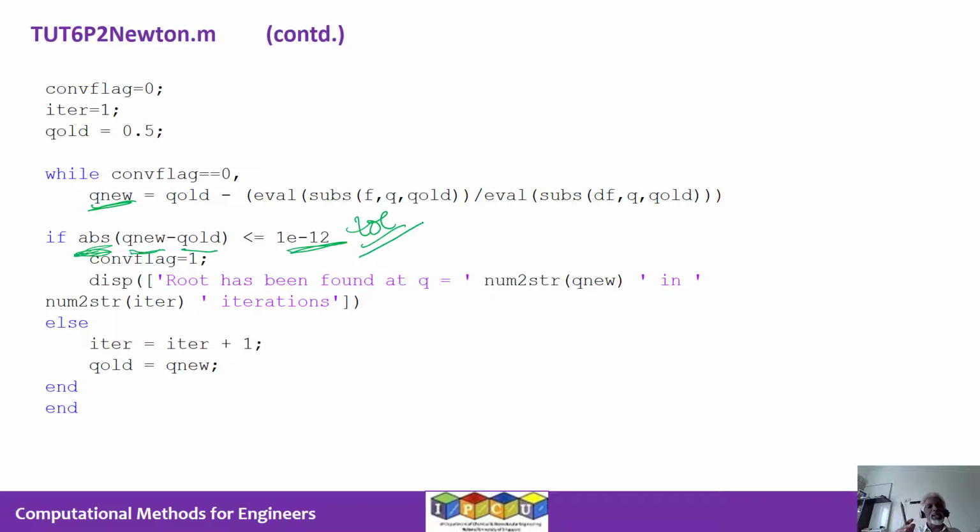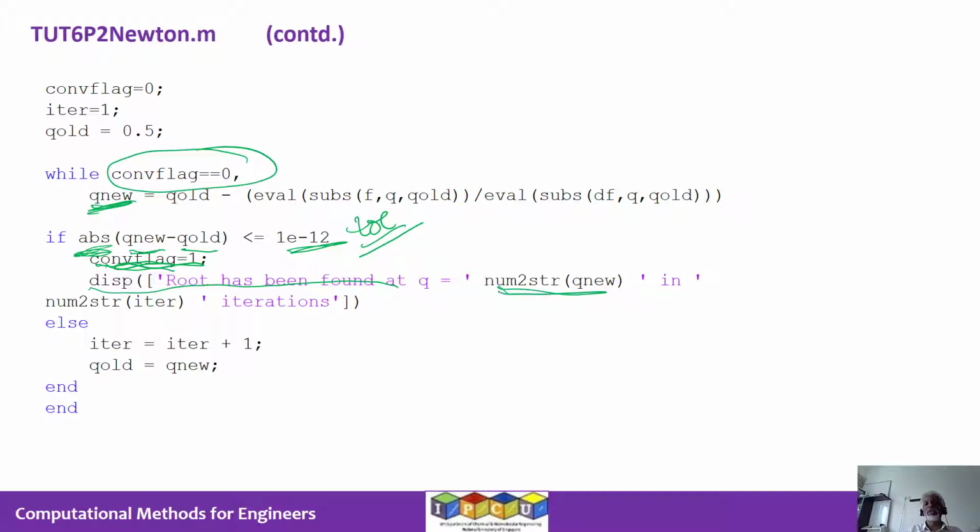If it is smaller than that, I say we have reached the solution, so I do not want the Newton method to iterate further. Therefore, I set conf flag equal to 1. Because the moment conf flag is equal to 1, this loop will stop executing, because this loop executes only as long as conf flag is equal to 0. So I say convergence has been reached, and then I display the text saying root has been found at q value, q is equal to whatever is the new value for q, right?